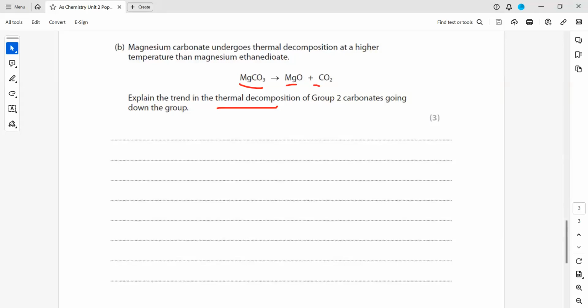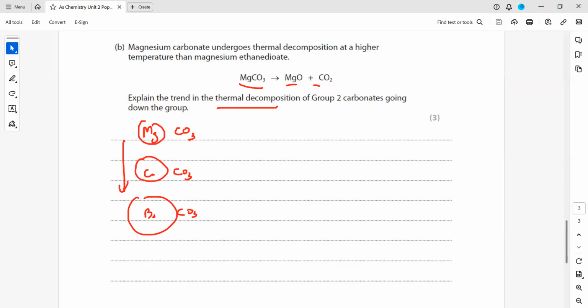What is the trend in the thermal decomposition as we go down the group? We have magnesium carbonate, calcium carbonate, strontium carbonate, barium carbonate. So as we go down the group, the size of the positive ion increases.